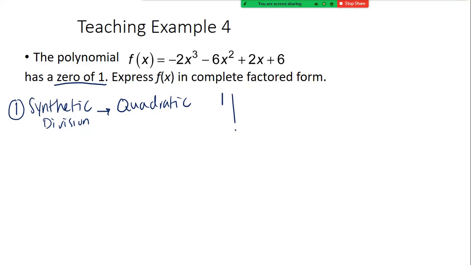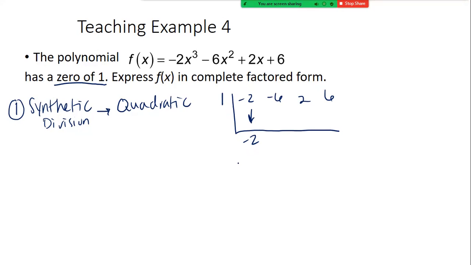So we have 1, and then -2, -6, 2, and 6. Now we're going to bring down our -2. Please let me know if I'm going too fast.